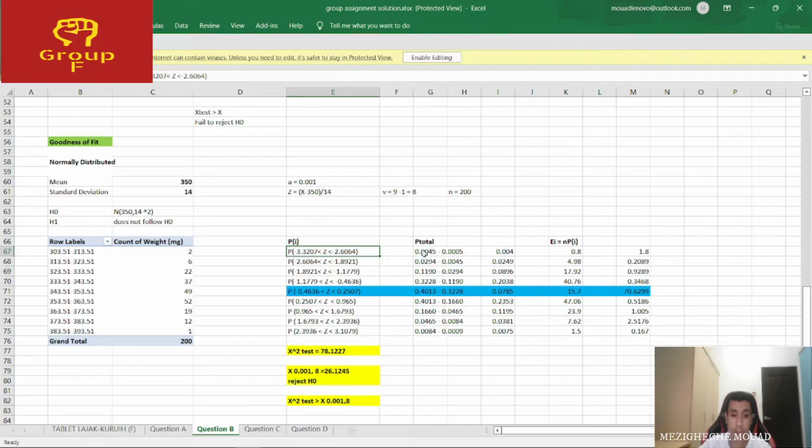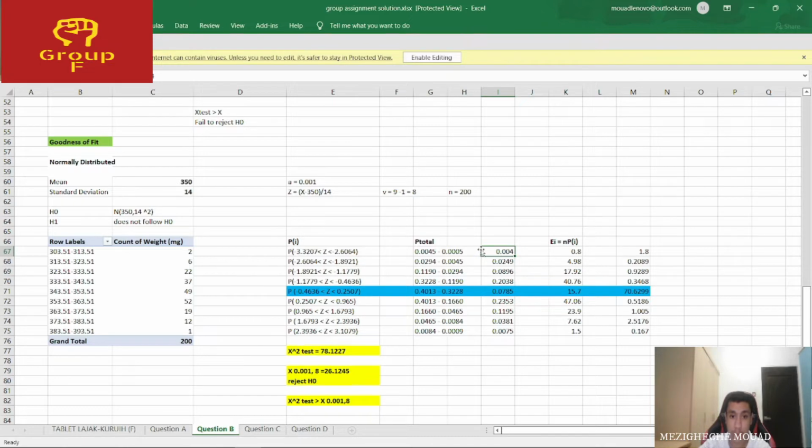After calculating the probability of our z, the total probability, after that we calculate the expected here using the equation E equal to NP. N is here 200, and P that we found here.